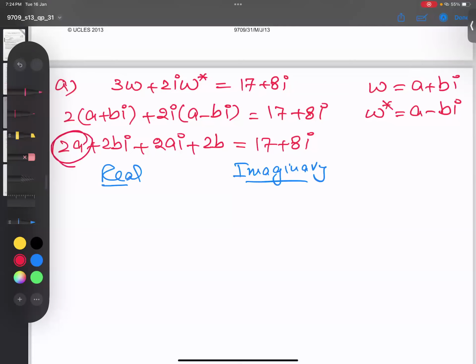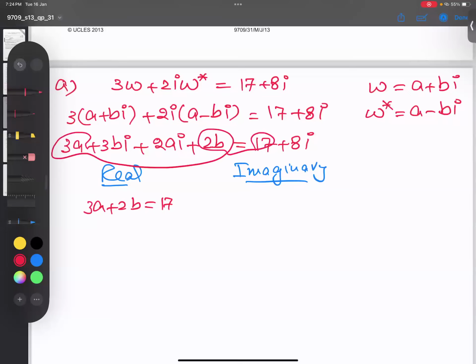Real part is 3a and 2b, equal to 17. I made a mistake here earlier: these are 3, so 3a and 2b equal to 17.